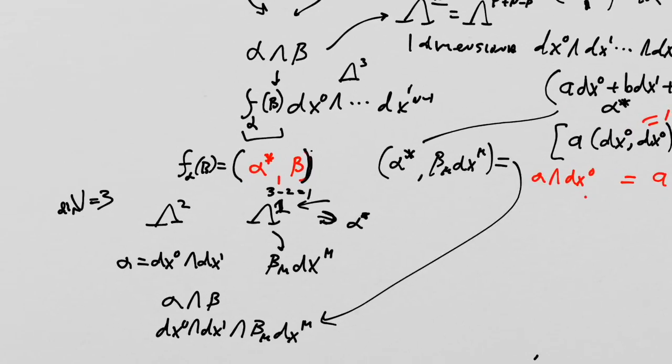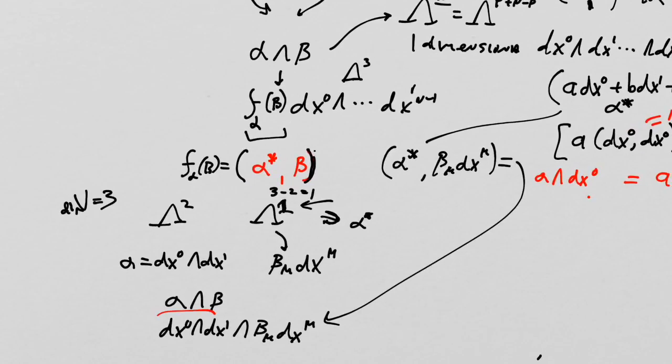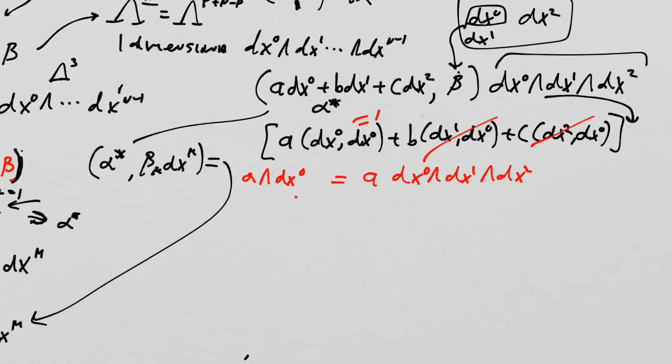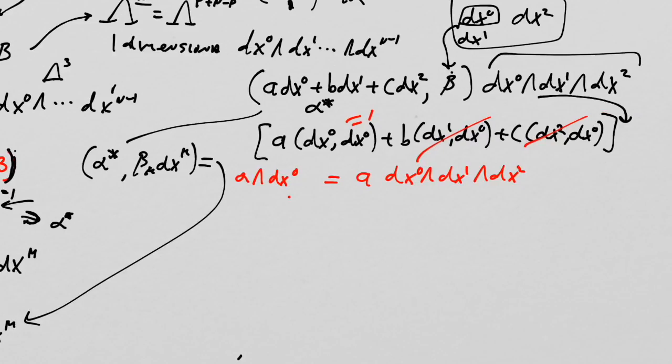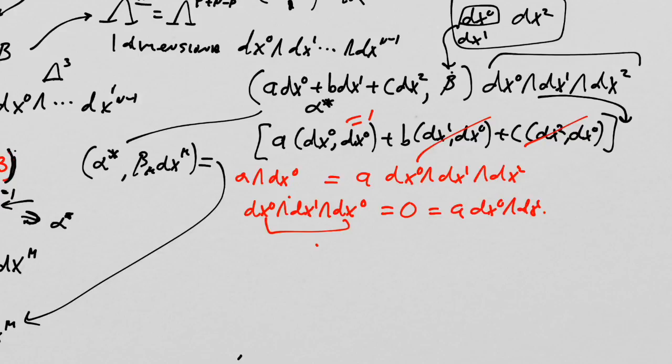But what was alpha? Alpha was dx0, dx1. So we now have dx0 wedge dx1 wedge dx0. So we have all of that. So this thing here equals 0, which has to equal A dx0 wedge dx1 wedge dx2. So we've just shown that A must equal 0.